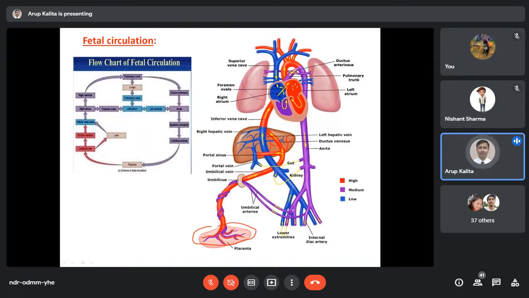Lungs will not develop at the beginning part. So exchange of gases is required to happen in the placenta. Number 2, in the fetal circulation, the fetus requires nutrition.